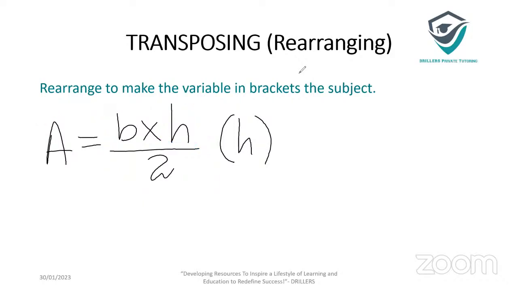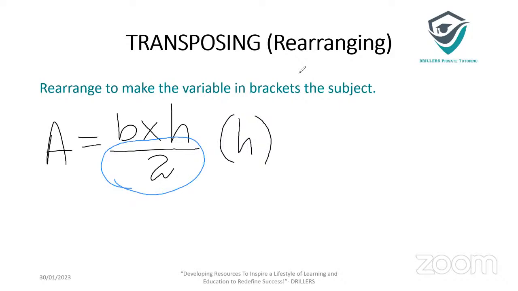Right? So because both b and h are kind of divided by 2, I'm going to move that divided by 2 first, because that divided by 2 is really dictating both the b and the h. So we're going to move that first. We want to get rid of that divide by 2. So I'm going to transpose this divide by 2. Transpose means to move your position.